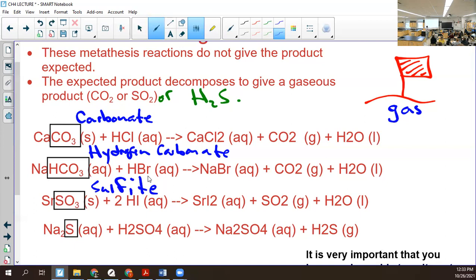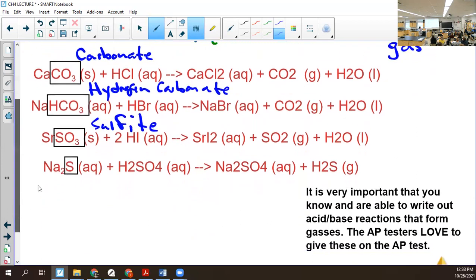The bottom one, what's S minus called? Sulfide. So those four anions in one of these reactions, they're red flags.